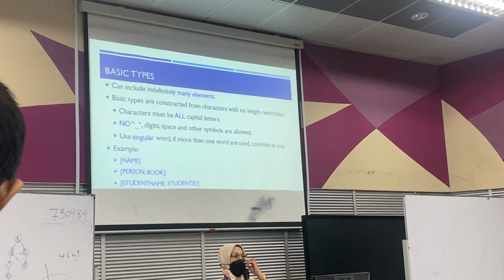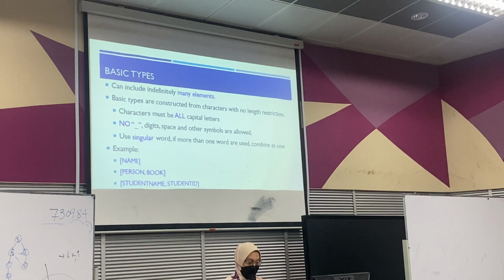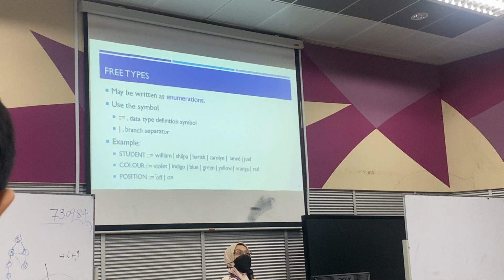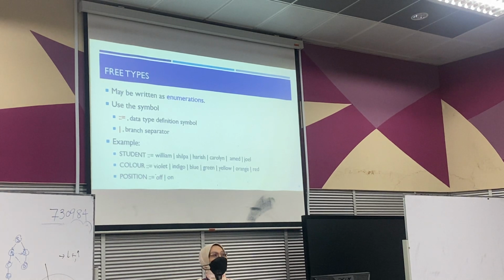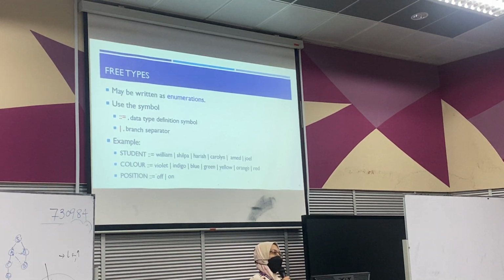So that is basic type. Normally we use it to represent string data. Okay, free type. Normally you want to show one specific data at one time. For example, on or off.